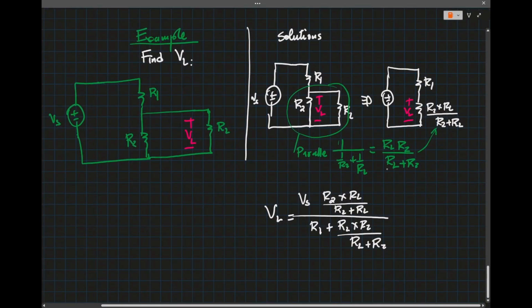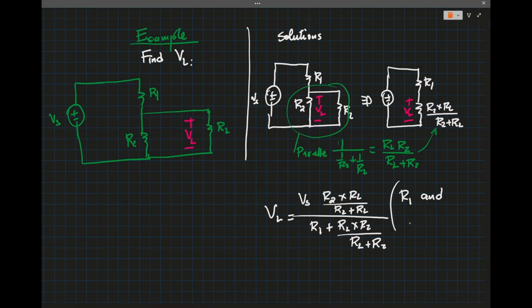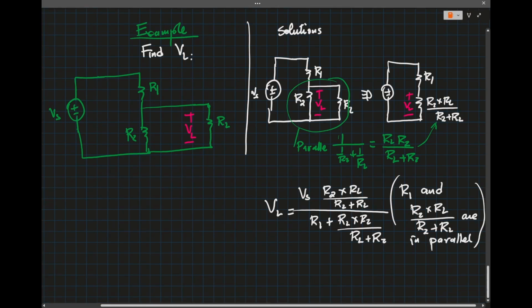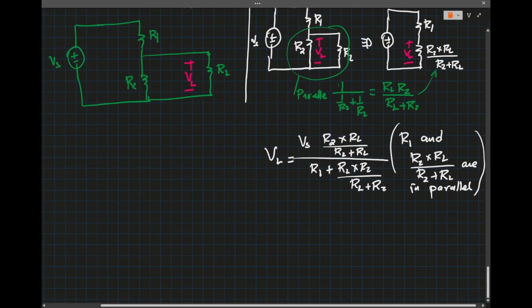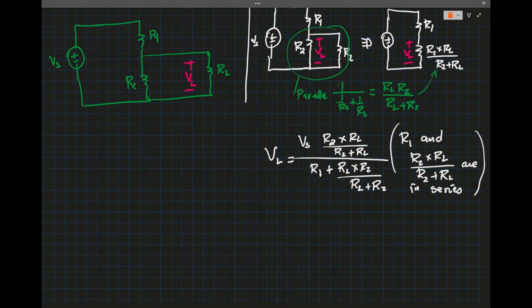So here R1 and R2 times RL divided by R2 plus RL. Oh, I mean, sorry, they're in series, right? Because they carry the same current. Apologies. That's why we add them up.